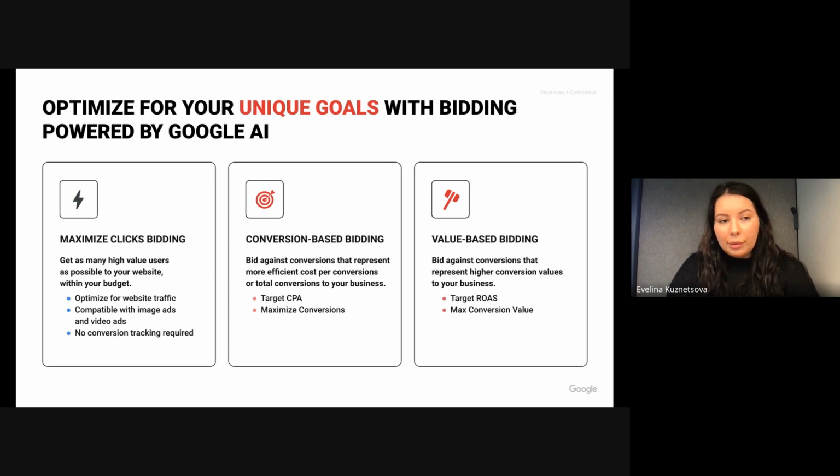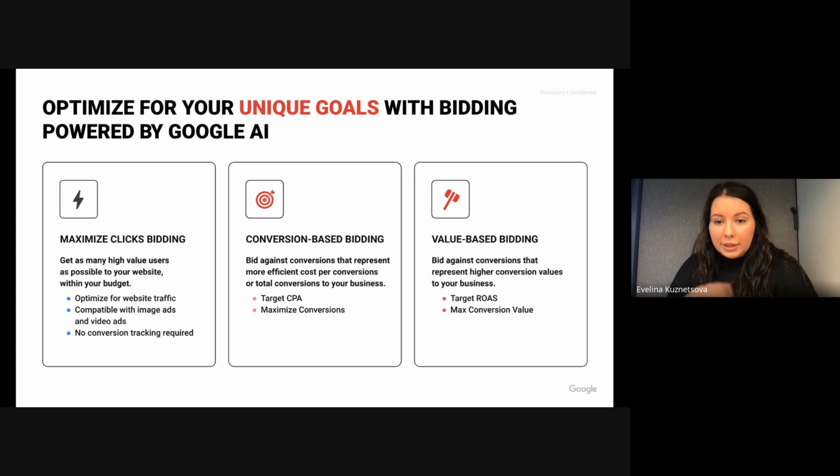It's recommended to use when you want to bid towards your goals. You already know them, they're very well defined. It could be online sales, it could be any type of action you want to bid towards. So it's totally fine, and you're free to use this with the demand gen campaign.